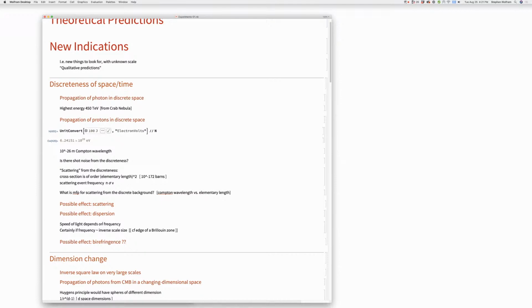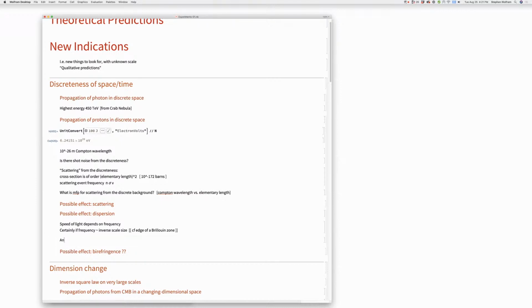Nick is asking, is discreteness noise even observable even in principle? Yes, for sure it is. It's like when you propagate. Okay, so here's a question. In a crystal lattice, or more in an amorphous material, so analogy, right? Propagation of phonons in an amorphous material.